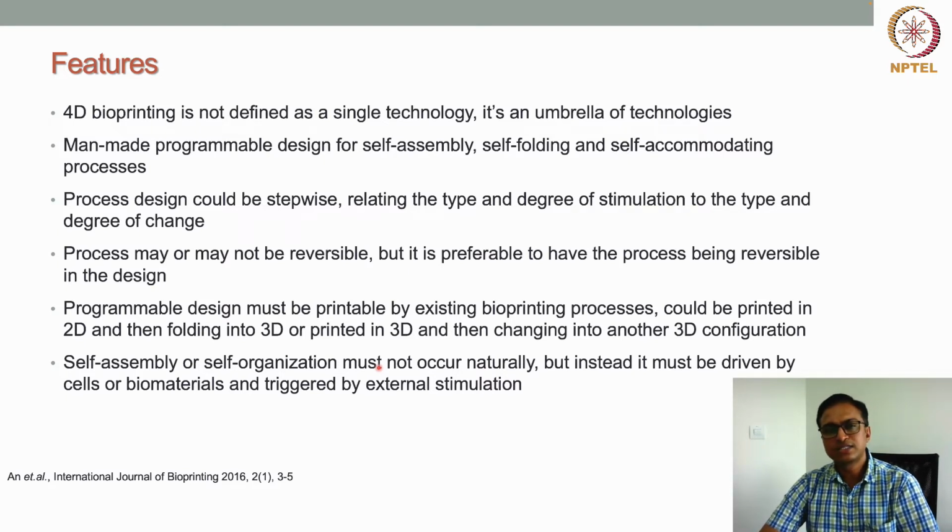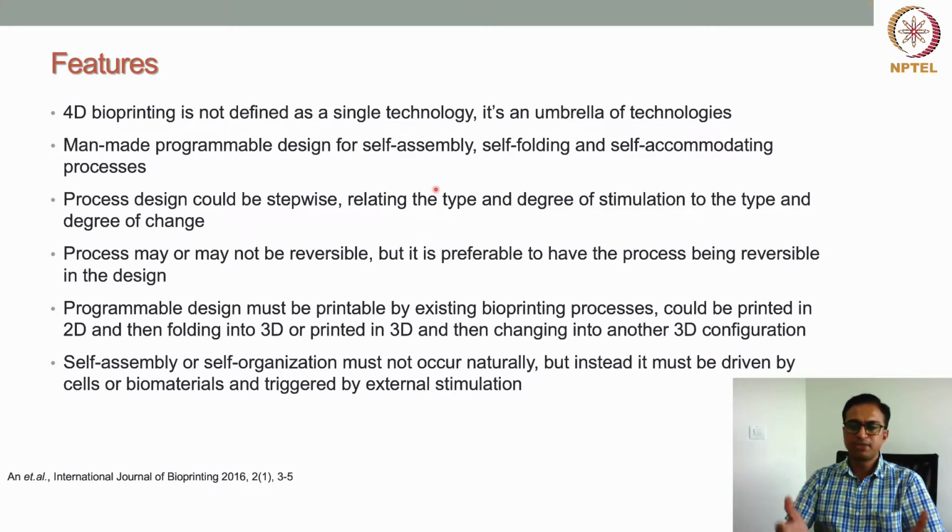Then the other thing is there should be a man-made programmable design for the self-assembly, self-folding, and self-accommodating processes. That means if changes happen within the structure post-printing, those changes should be based on a man-made programmable design. For example, there can be a self-assembly of the construct.